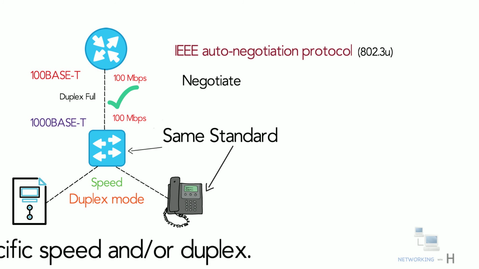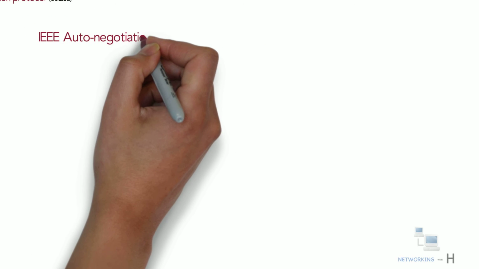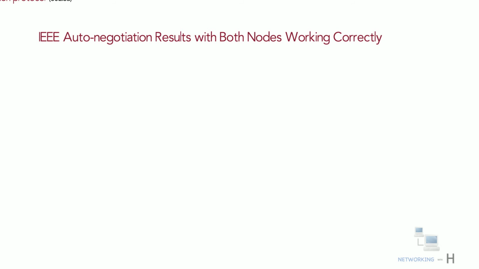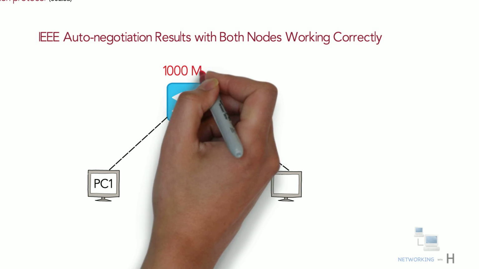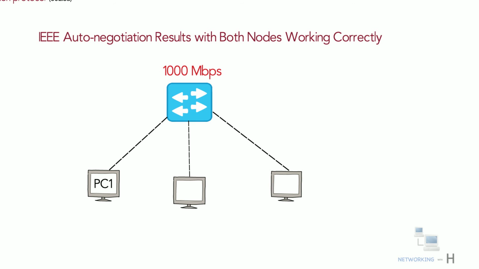Let's see what happens when IEEE Auto Negotiation results with both nodes working correctly. The switch port claims it can go as fast as 1000 Mbps, but PC1's NIC claims a top speed of 10 Mbps. Both the PC and the switch choose the fastest speed that each supports, 10 Mbps, and the best duplex that each supports, full.